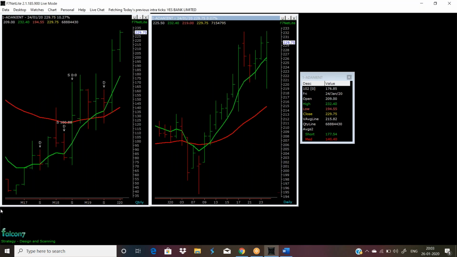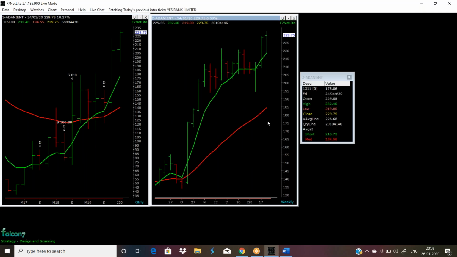Here the price is rising, and whether it will continue to rise, you have to go to the quarterly chart. If the price is rising in the quarterly chart, and even in the weekly chart it is rising, because quarterly is related to weekly, it means the price will still continue to rise.